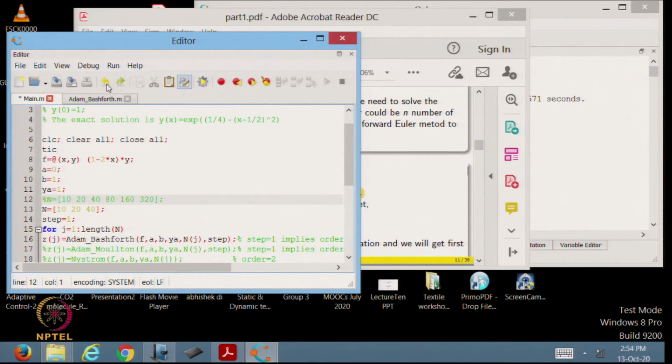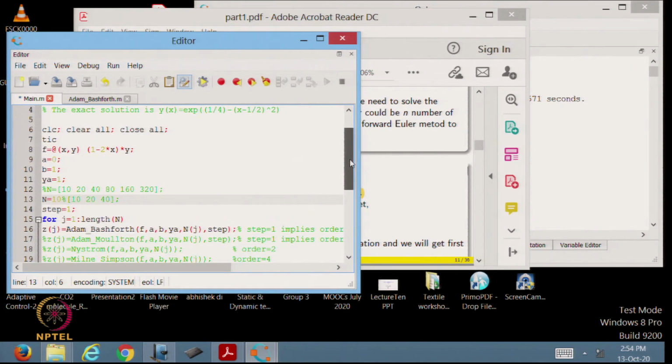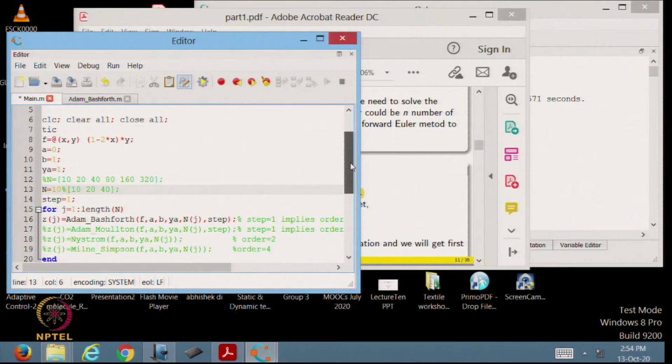And after that I am choosing a sample point n which is equal to 10, 20 and 40. For the time being, initially I can take only 10. And then another variable which I am considering is step, which is equal to 1, and then we are using a for loop.